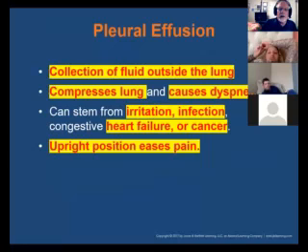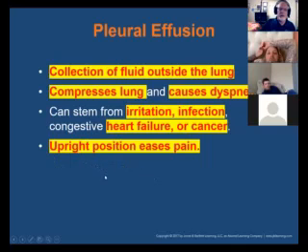Those are the symptoms they convey to us. It can stem from just irritation that causes that accumulation of fluid, but more often it's going to be infection, congestive heart failure, or maybe cancer that's causing that fluid to build up around the lung, and it compresses the lung and inhibits tidal volume and gas exchange, right?